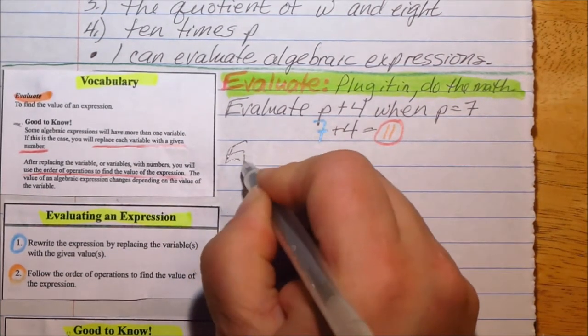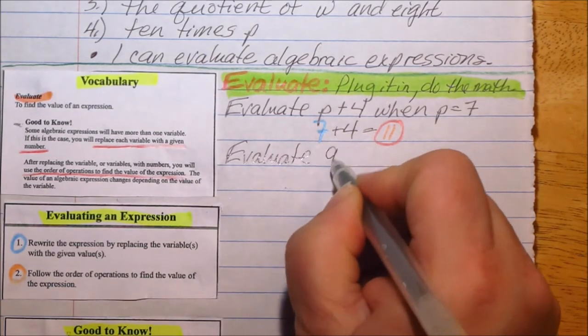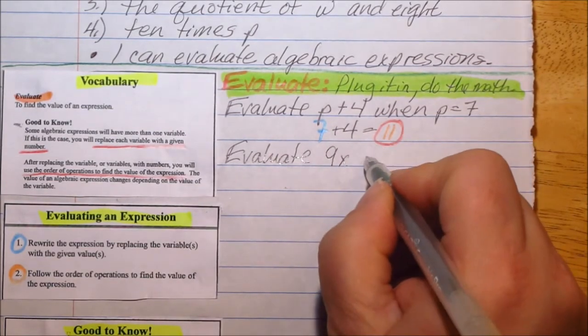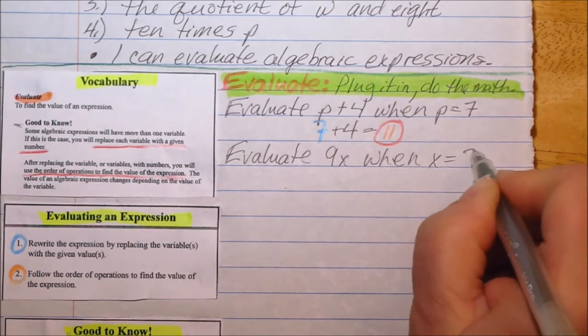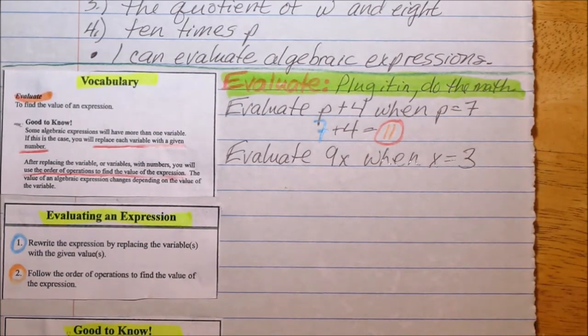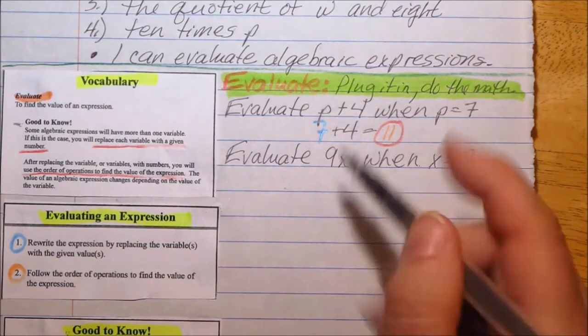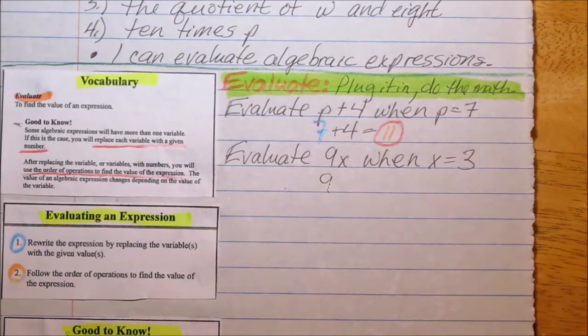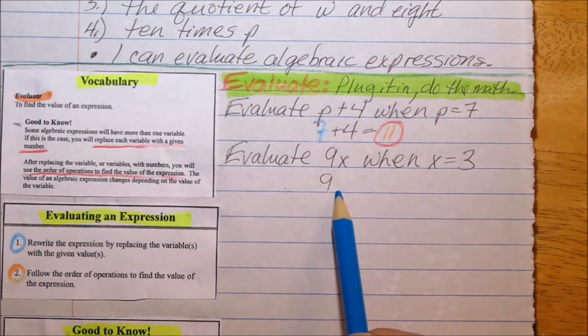All right, okay, here we go. Let's evaluate 9x when x equals 3. All right, same thing. Plug it in, do the math. So I have 9, and then I have to plug in 3 for the variable x.